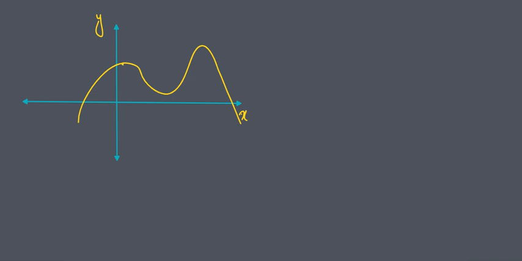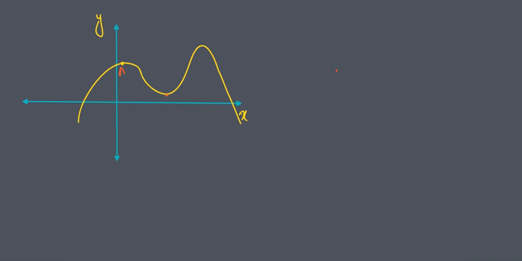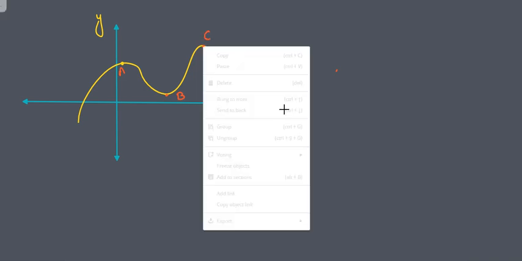So this is a point, I named it A, and there is another point, I named that point B, and there is another point, I named that point C.